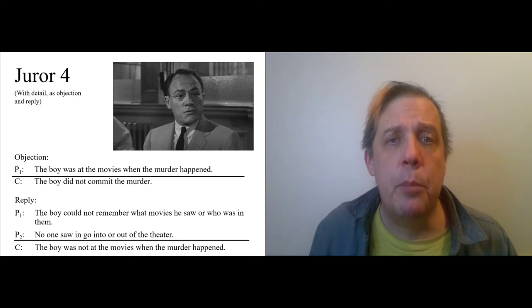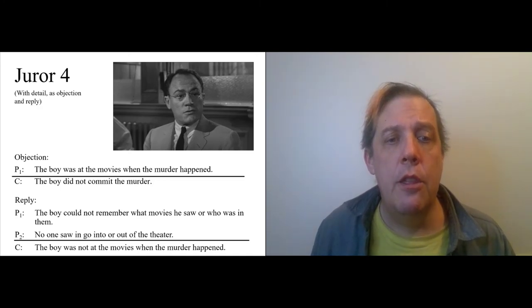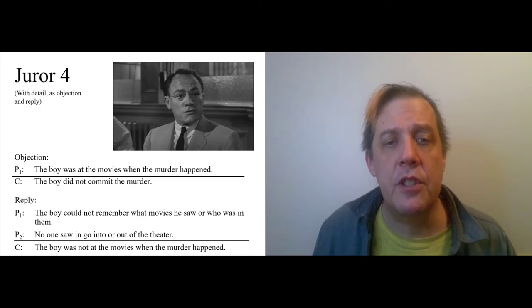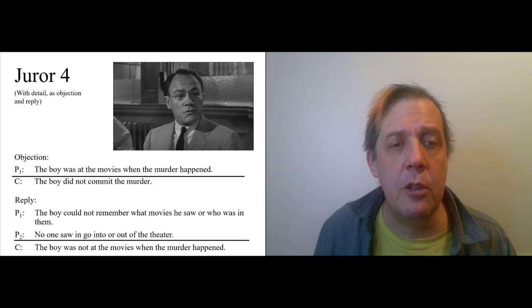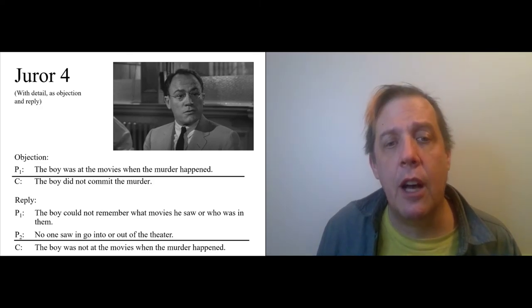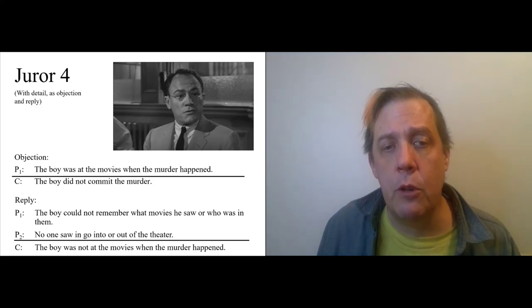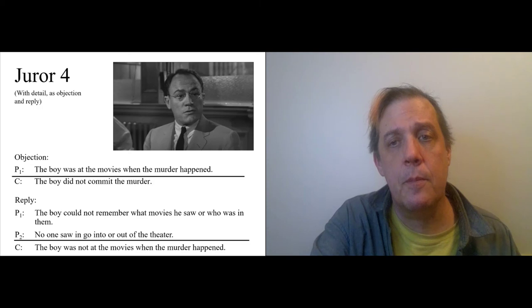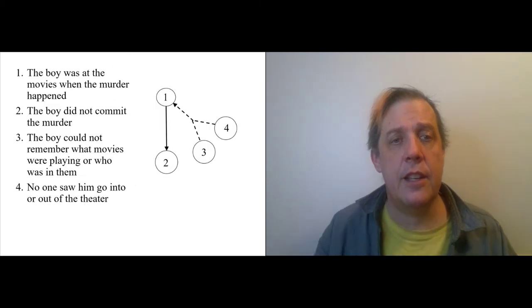Juror 4 is putting in a reply. The boy could not remember what movies he saw or what was in them, and no one saw him go in or out of the theater, so the boy was not in the movies when the murder happened. So we would represent that like this.